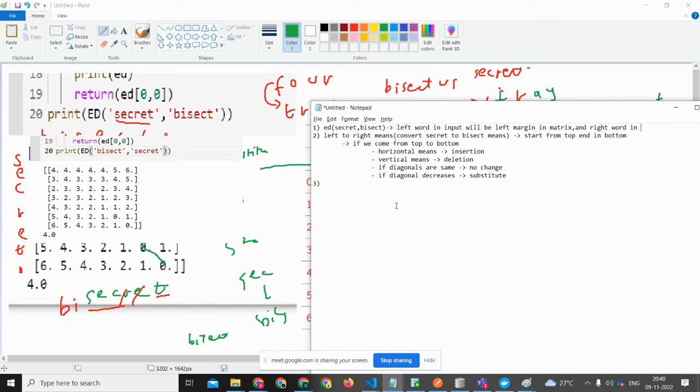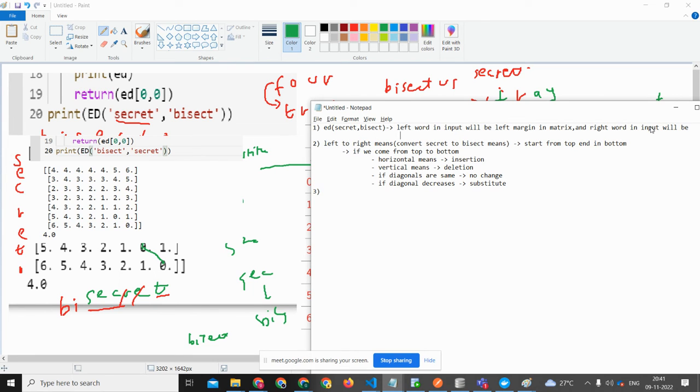So if I put the words correctly, left word in input will be left margin in the matrix. Does this make sense? And for the right word, you just write: top margin in matrix.